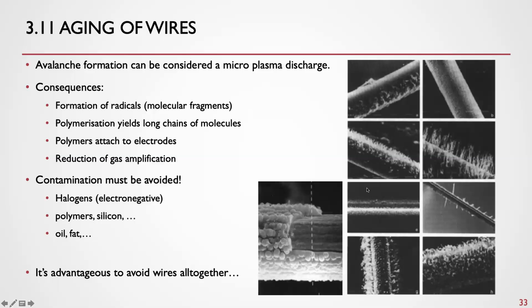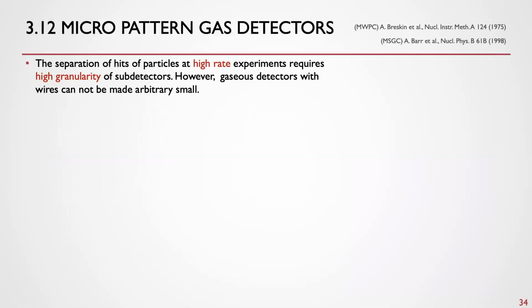It's best to not have wires. Wires should be avoided or can be avoided, and in recent years, much of the effort in developing gaseous detectors went into avoiding wires altogether and combining the advantages of semiconductor detectors with the advantages of gaseous detectors.